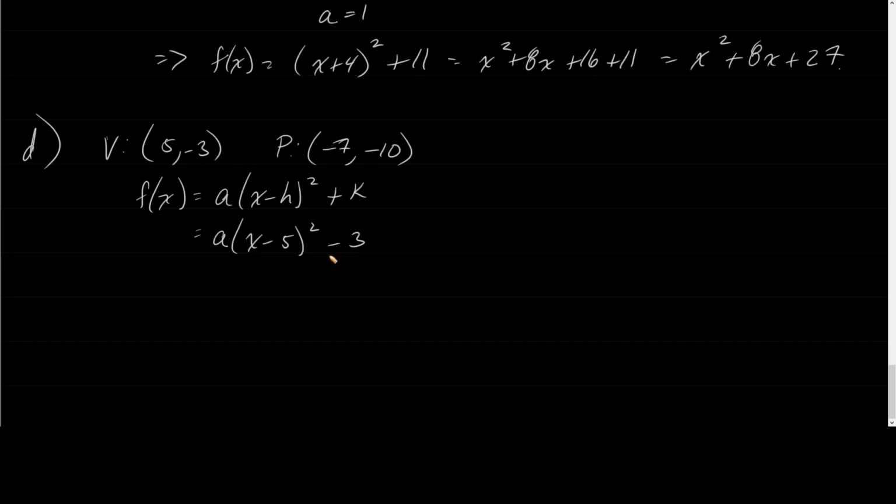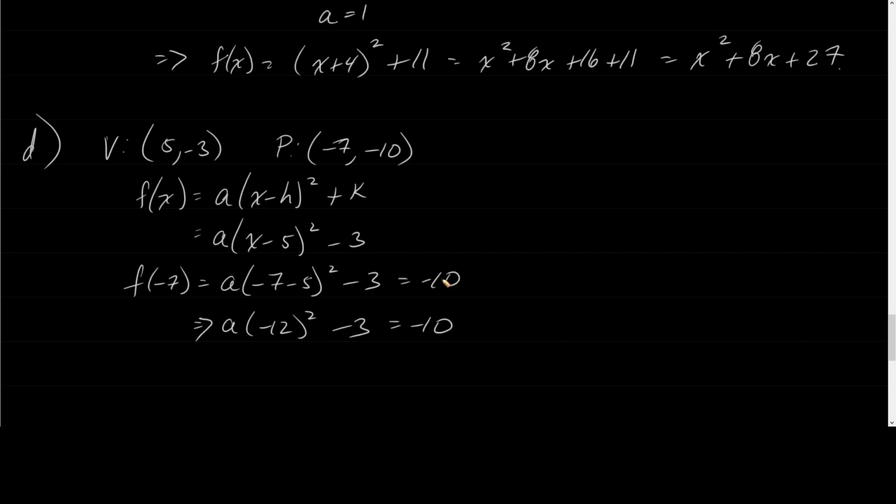So at that point, let's see, what else do we know? We know that when we plug in -7, we get the value of -10. Okay, so f of -7 is a times -7 minus 5 squared minus 3, which gives us a times -12 squared minus 3, and this right here is supposed to be equal to -10, right?